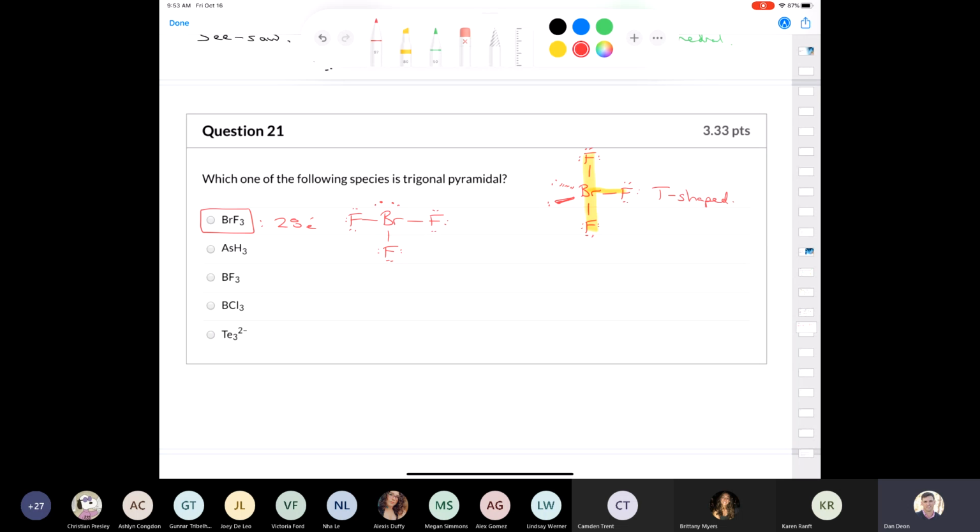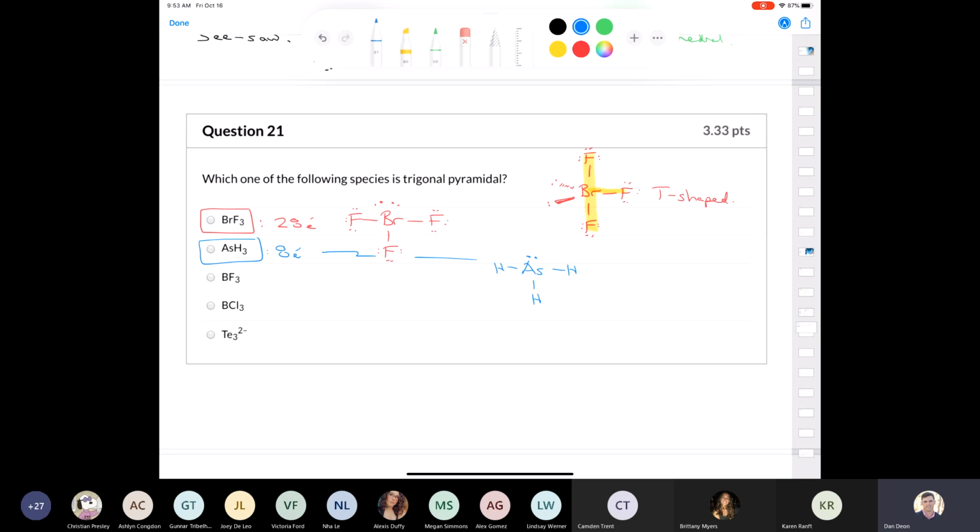The next one, we have arsenic trihydride, AsH3. Arsenic is in group 5A, so it has 5 valence electrons, 5 plus 3, so we have a total of 8 valence electrons. Remember, hydrogens, again, I don't like to use the word easy in chemistry class, but hydrogen can only ever have 1 bond. So that tells us that our arsenic must have 3 single bonds to hydrogen like this. We've got 2 electrons left over. They're going to go in the arsenic like this.